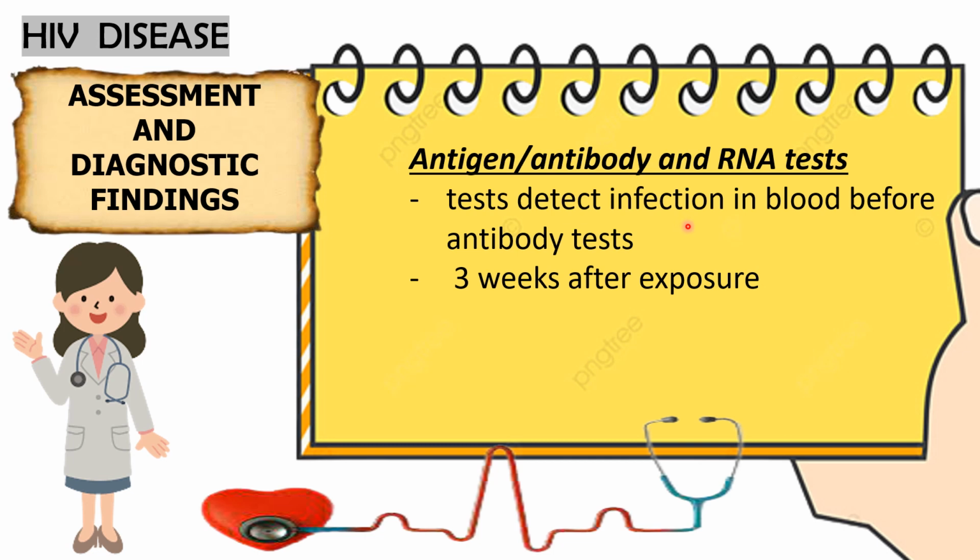So some newer antigen or antibody laboratory tests can sometimes find HIV as soon as 3 weeks after exposure to the virus. No antigen or antibody or RNA tests are available for oral fluids.